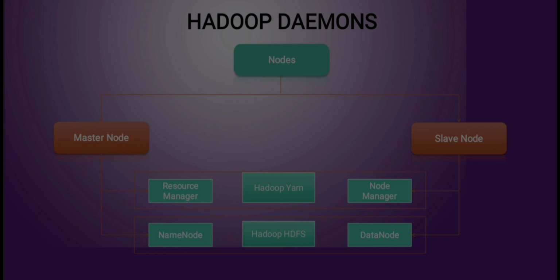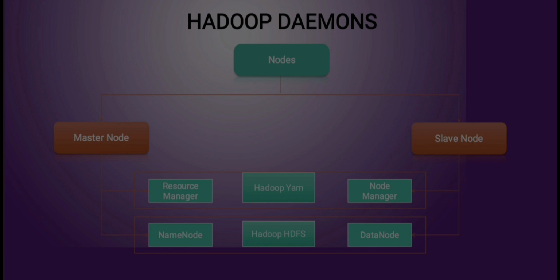Apache Hadoop 2 consists of the following daemons: name node, data node, secondary name node, resource manager and node manager. Here name node, secondary name node and resource manager work on the master system, while the node manager and data node work on the slave machine.